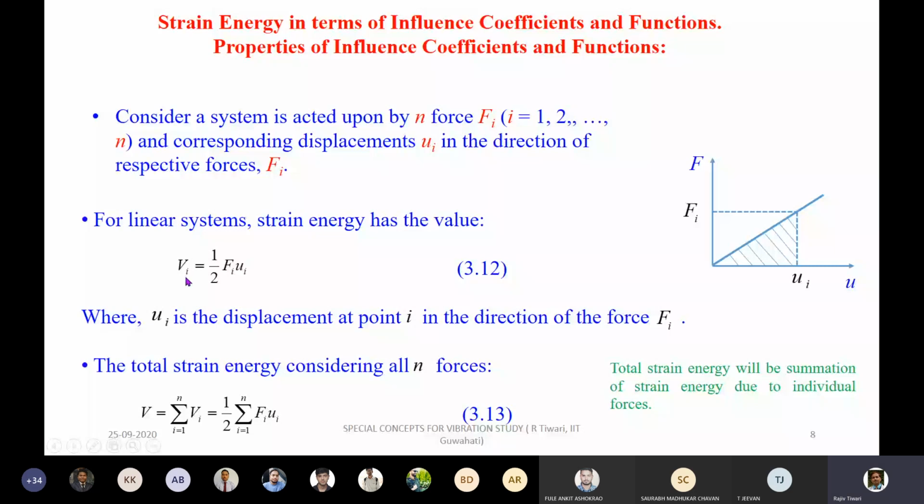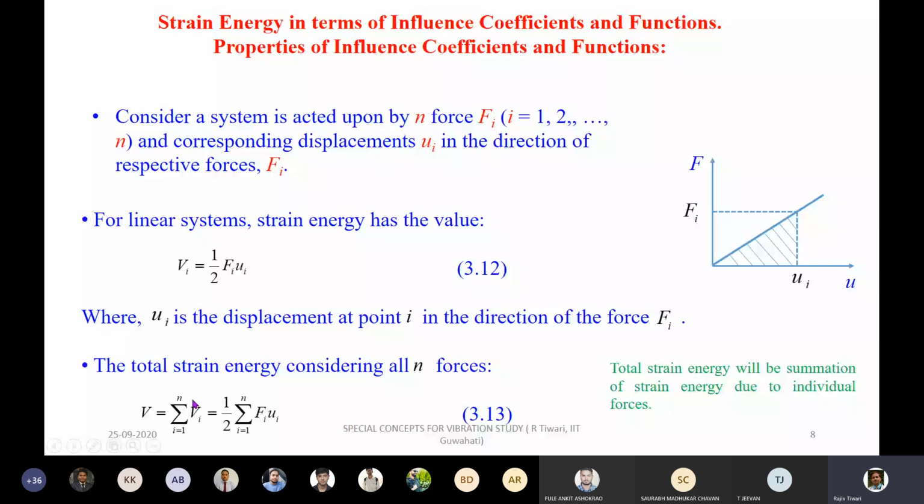So this expression will be giving us, if we apply force at one location and displacement u1 is in the same location in the direction of force, the strain energy due to this first force. We can similarly obtain for the second force, third force. So the total energy of the system can be obtained by adding all such strain energies.